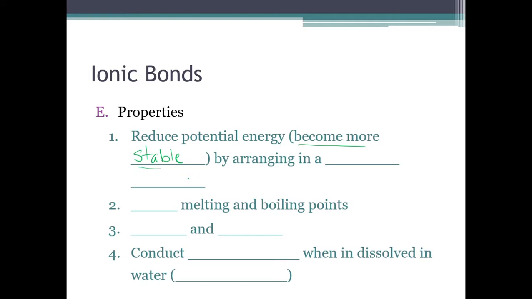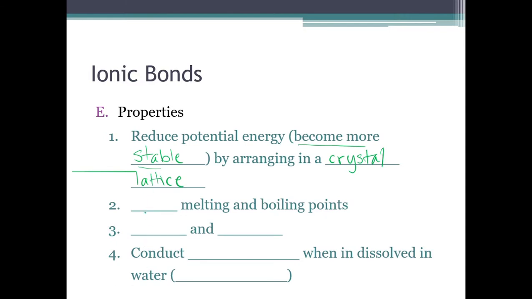This is true of any bond, but ionic bonds do this by arranging in what is called a crystal lattice. It's just a very structured arrangement, and it looks like a crystal. Remember, sodium chloride, table salt, is an ionic compound, and if you've ever stared at salt, it has a kind of crystal structure. It's a very regular shape. That's the crystal lattice, and it makes it more stable.